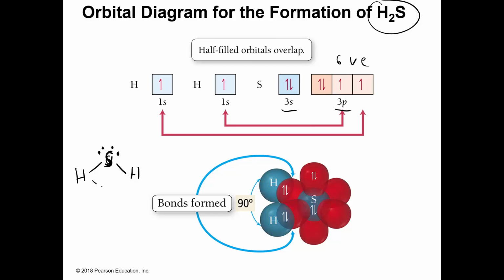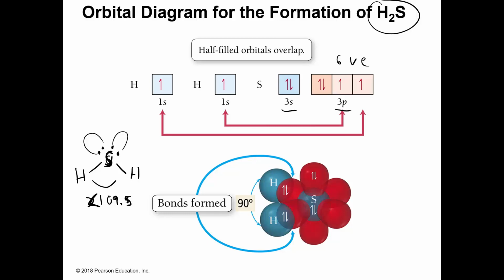We also know that the angle here is a little less than 109.5, because these 2 lone pairs are going to push down. So we know this experimentally, and from just looking at Lewis structures, that's what it is. But if you look at an orbital diagram, you just simply cannot explain that. It breaks down, right?